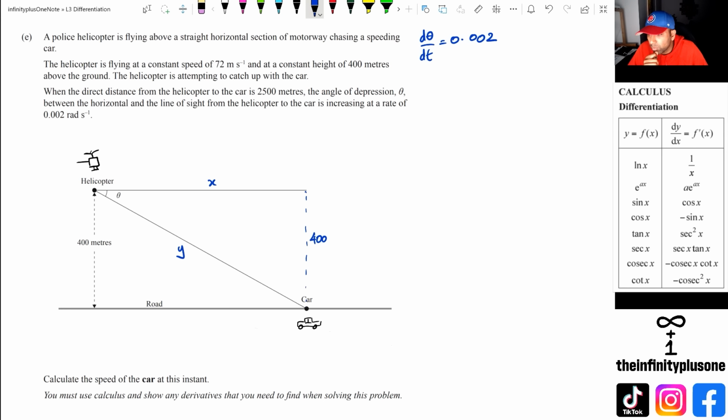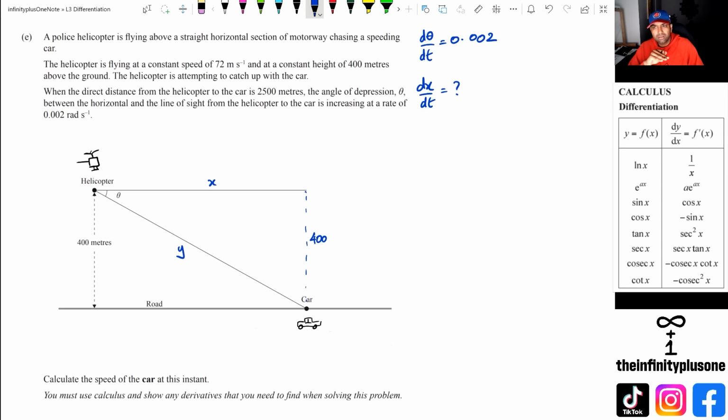But really what we want is to figure out what dx dt is, because we want to see the rate at which the helicopter is changing compared to the car. So we're looking for dx dt, because dx dt is going to give you the rate at which the helicopter is changing. And dx is the distance itself, right?